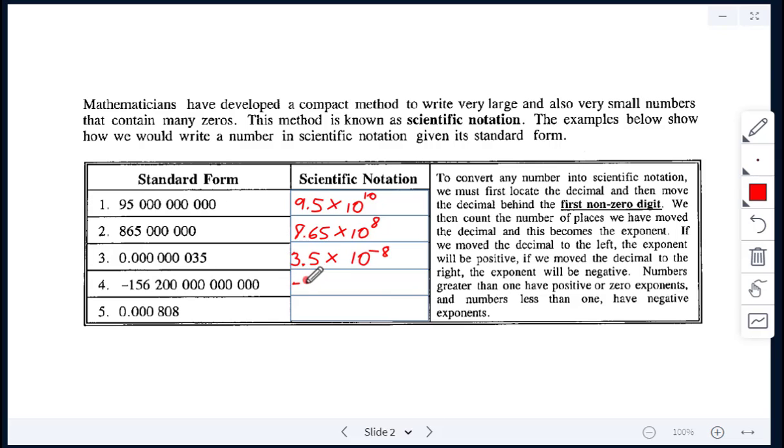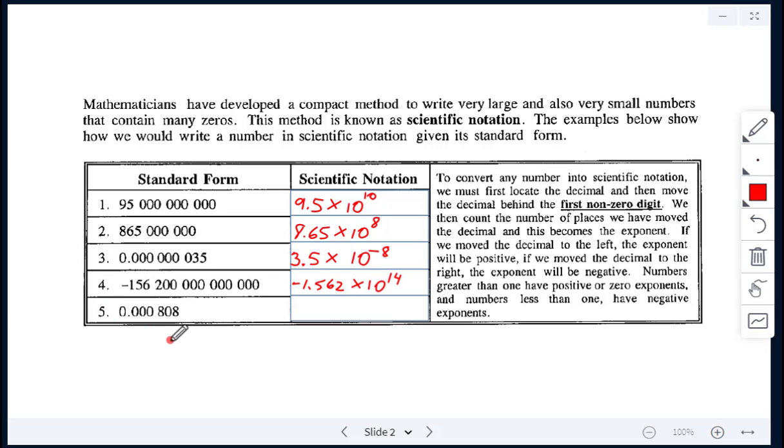So we write it as negative 1.562 times 10 to the power of 14. All right, and so notice again, it is still a positive exponent because we did move our decimal place to the left.